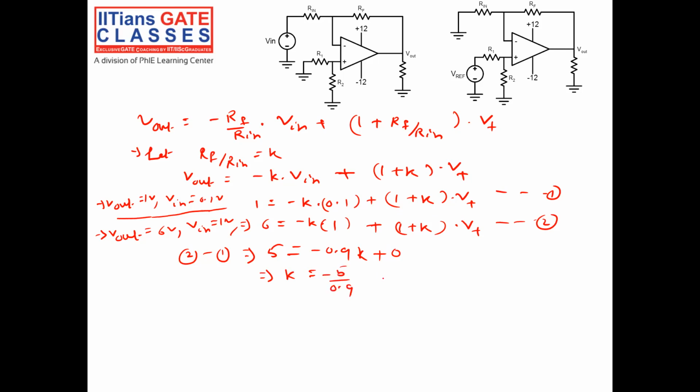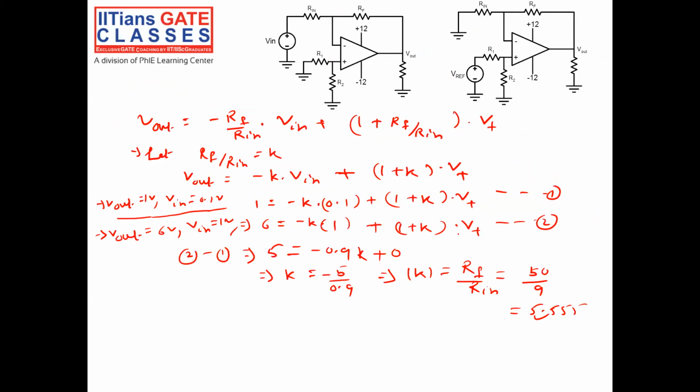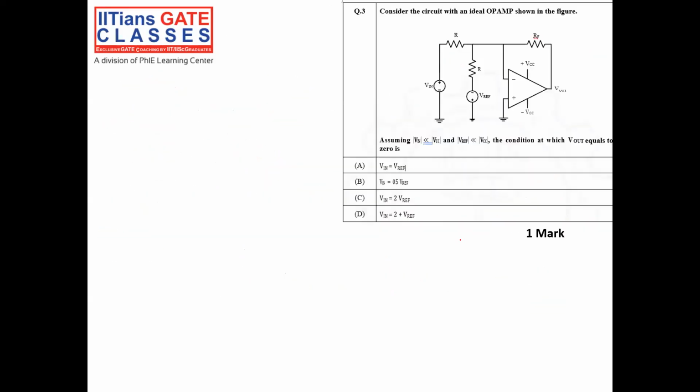So RF by R in is equal to 50 by 9, which is 5.555, right? So the answer is 5.5. This is the answer. Very easy, guys. Let's go to the next question.